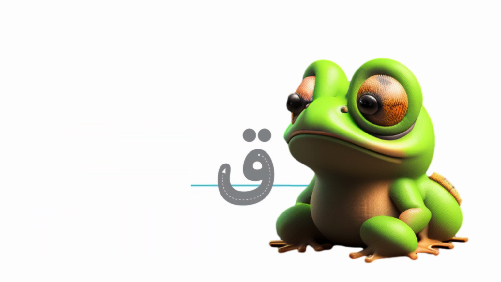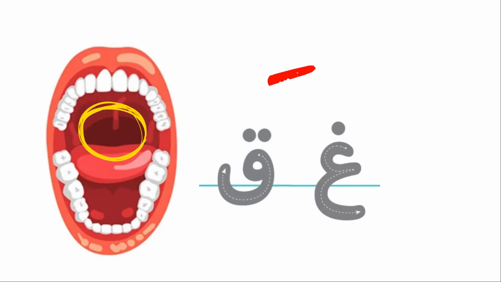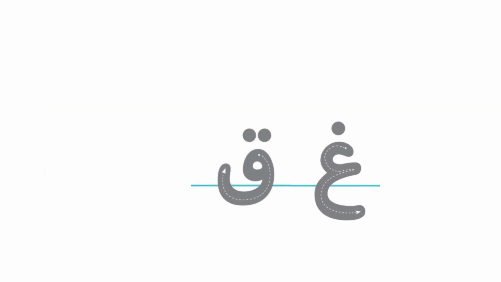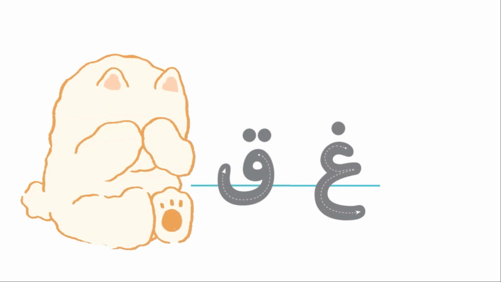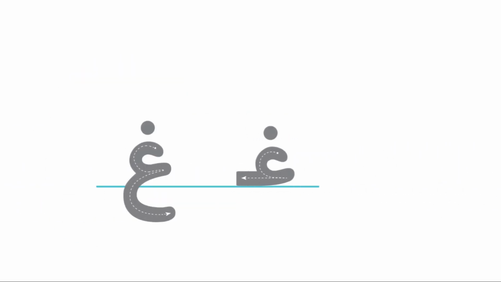When you do like that, you use the depth of your throat. So this sound is made in that area of your vocal cavity. So do gargling and pay attention to which part of your throat is being used to produce this sound. R, r, r, r, r.